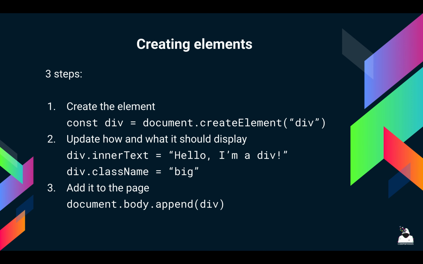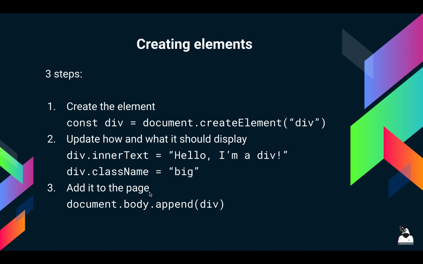So to create the element, just like I mentioned, we can call document.createElement and pass the string div. It gives us an object that represents a new div element. And then we can update it. So here we're updating the innerText, so in between the tags it's going to have this text, hello, I'm a div. And we can set the className. This is how we set the CSS rules. We set the className to a string, big, and we can include multiple classes in there if we want.